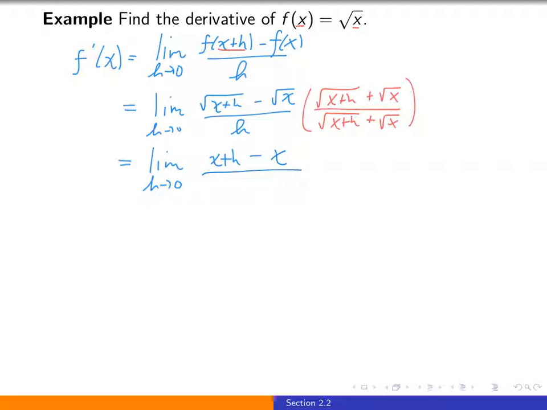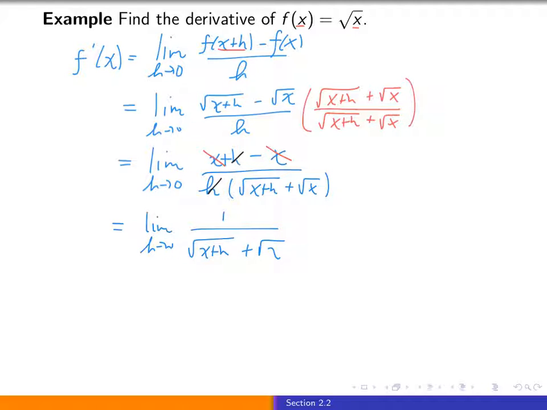And this is all divided by the h in the bottom, multiplied by the square root of x plus h, plus square root x that we are multiplying it by. x minus x, h and h cancel, and we're left with a nice looking limit, the limit as h approaches 0 of 1 over the square root of x plus h plus the square root of x.